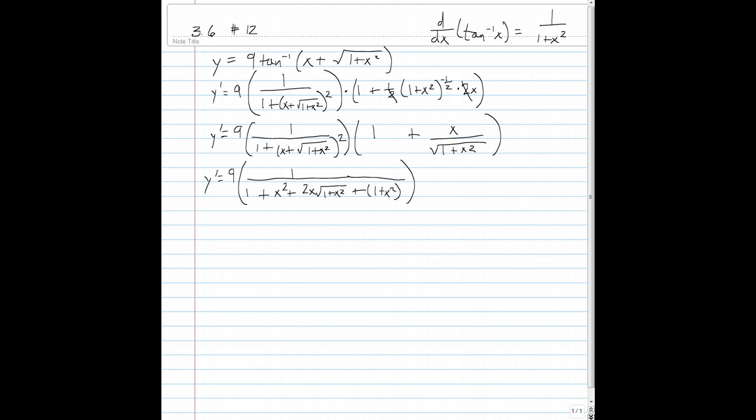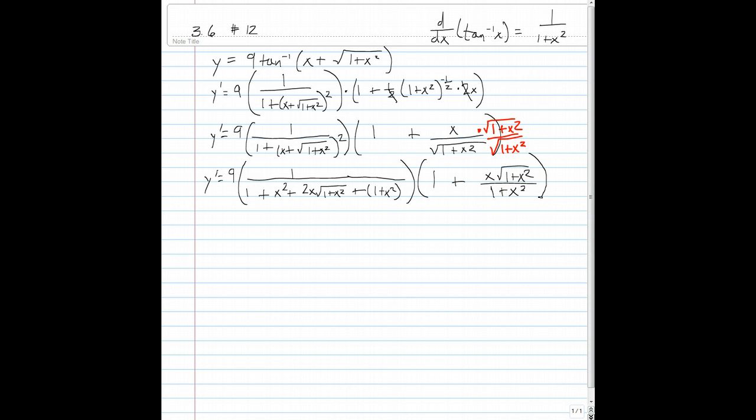And when we rationalize this, let me do it in another color. We can multiply this by, so that's going to give us 1 plus x root 1 plus x squared over 1 plus x squared.